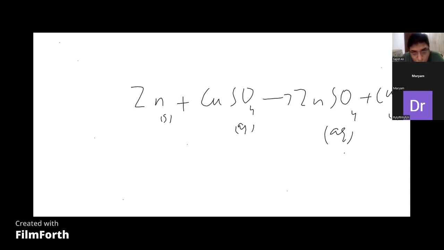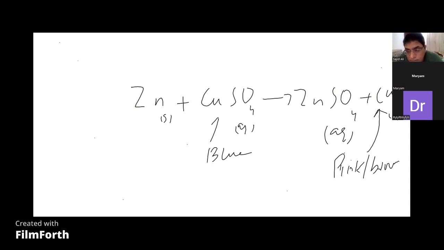When you add zinc to copper 2 sulfate solution, which is blue in color, it changes from blue to colorless and forms a pink or brown solid, that is copper. Is it clear? So zinc is displacing copper from its compound to form zinc sulfate plus copper.